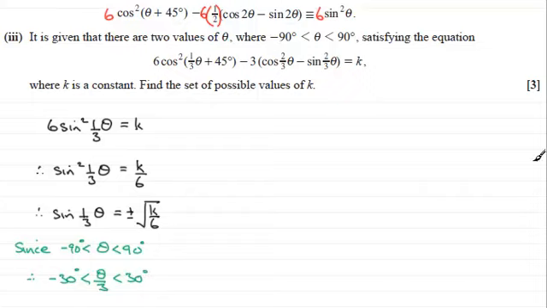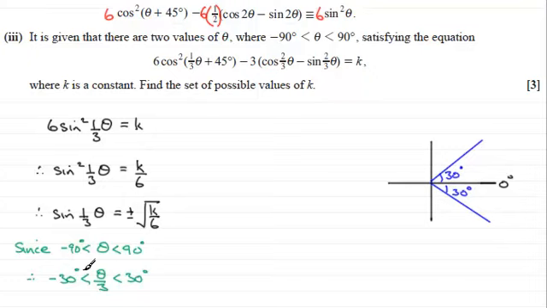Let's just draw it out on a quadrant diagram over here, where this is 0 degrees. So what I need to take is the sine of 30 degrees and the sine of minus 30 degrees, these two angles being exactly the same, set at 30 degrees there. That would be a magnitude 30 degrees, but as an angle it would be minus 30 degrees. So I've got my range here for theta over 3.